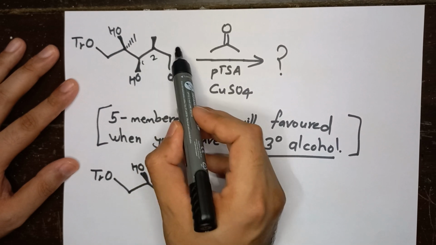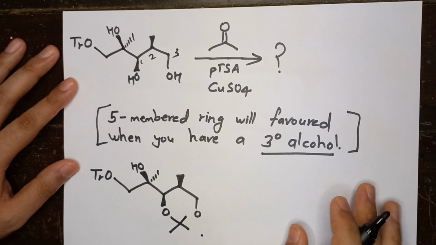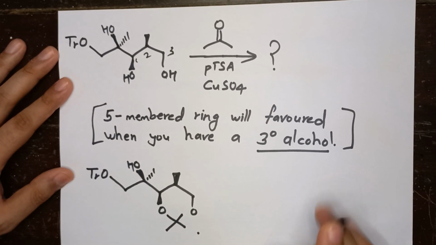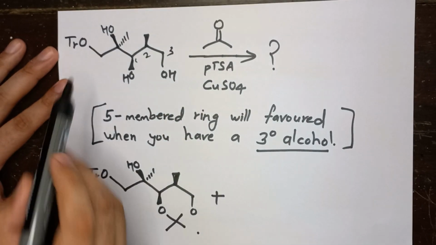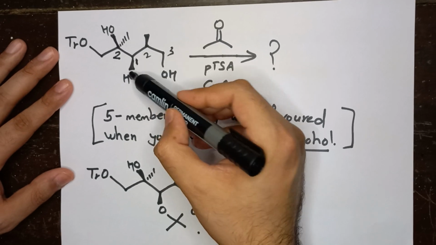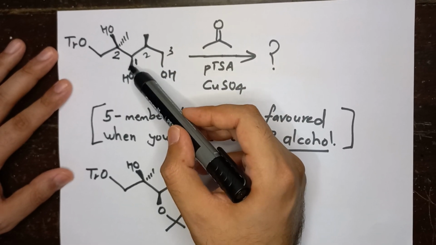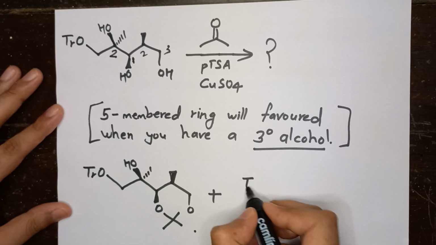This is 1, 2, 3, a 1,3-diol system, doesn't matter cis or trans. This can be formed. Another product can be from these two 1,2-diols. Here we have 1, 2, and they are in cis fashion. This OH is above the plane, this OH is above the plane. So this can also form, giving me this kind of product.